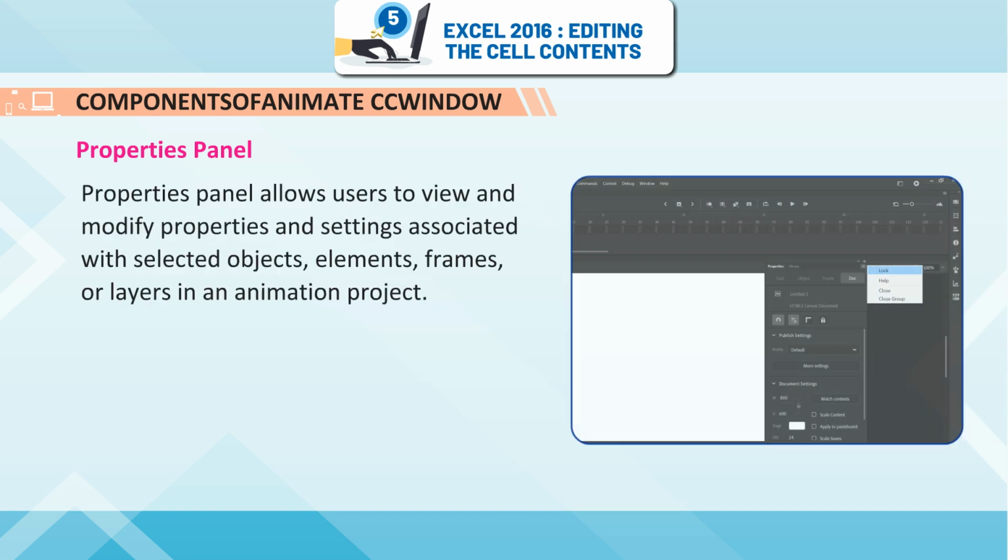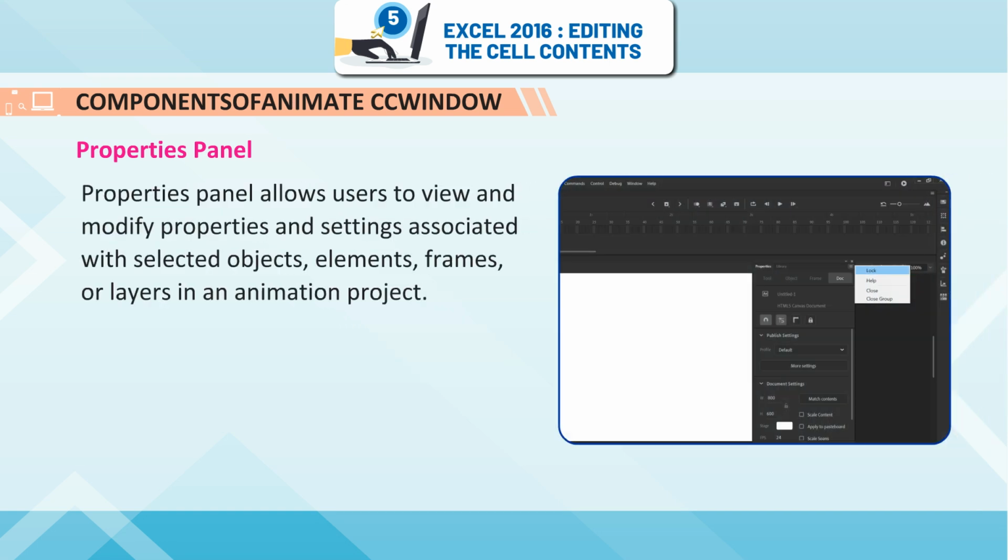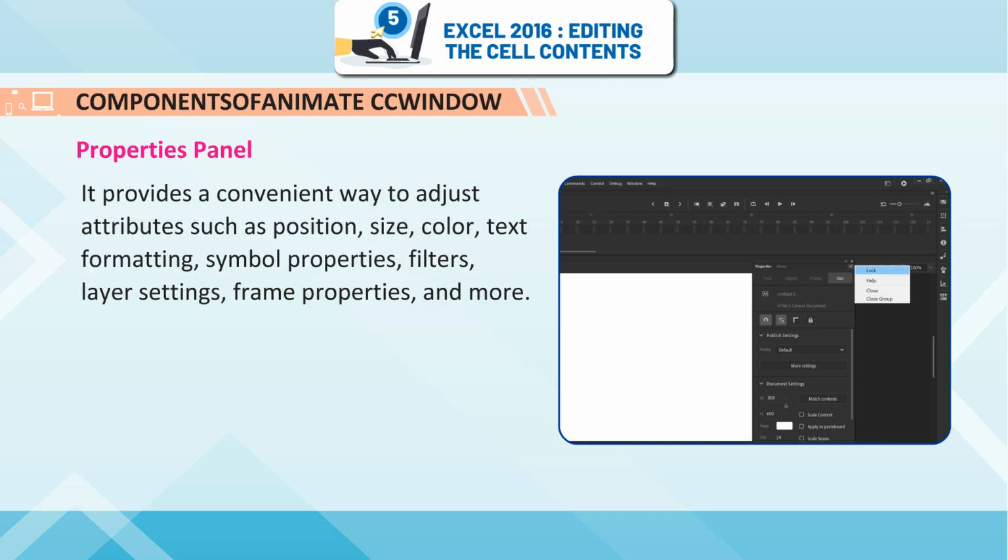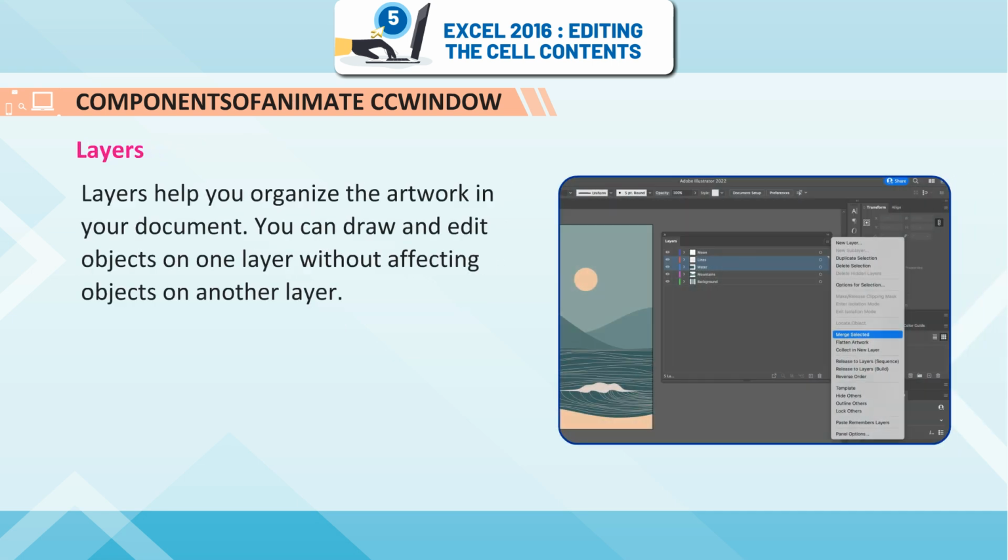Properties panel. Properties panel allows users to view and modify properties and settings associated with selected objects, elements, frames, or layers in an animation project. It provides a convenient way to adjust attributes such as position, size, color, text formatting, symbol properties, filters, layer settings, frame properties, and more. Layers. Layers help you organize the artwork in your document.